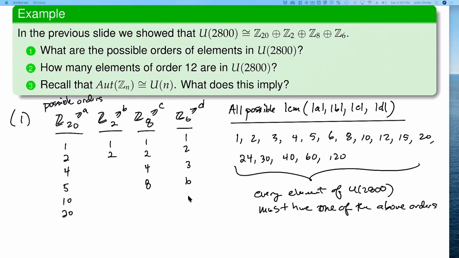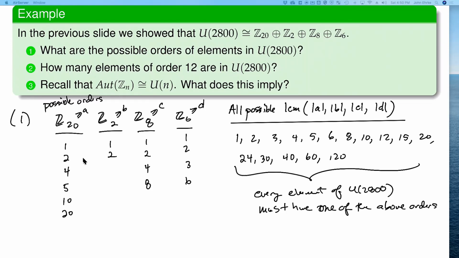And that's a phenomenal result because you've got, not 2,800 different elements, it would be whatever phi of 2,800 is, which is a large number. You have a lot of elements in this group, but these are the only possible orders that this group has. That's a big result. And so the next question you might ask is, well, how many elements are there of order 12 in this group?